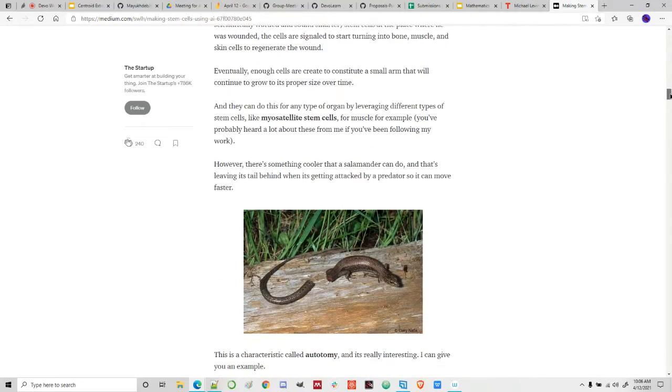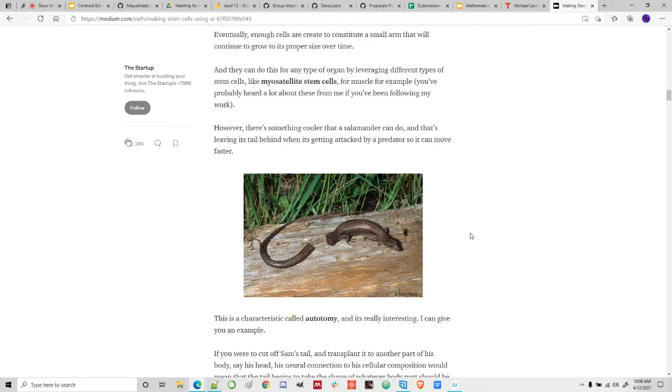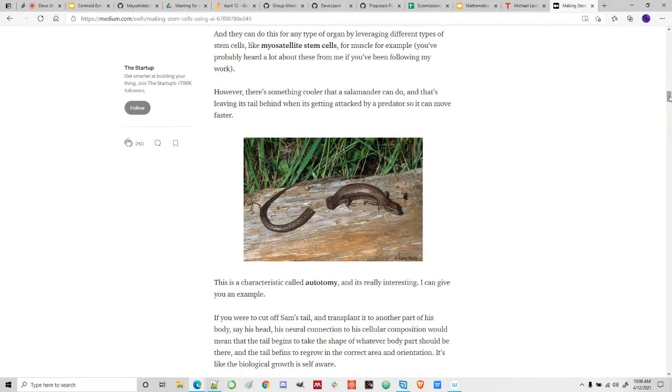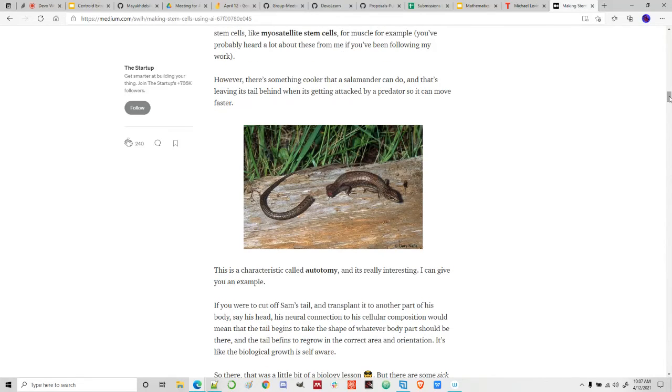and then they show a lot of examples of regeneration in, say, amphibians and salamanders where the tail gets cut off and it regenerates a tail. And you're trying to boil this down to a set of principles. And so this is something called autonomy of cells.